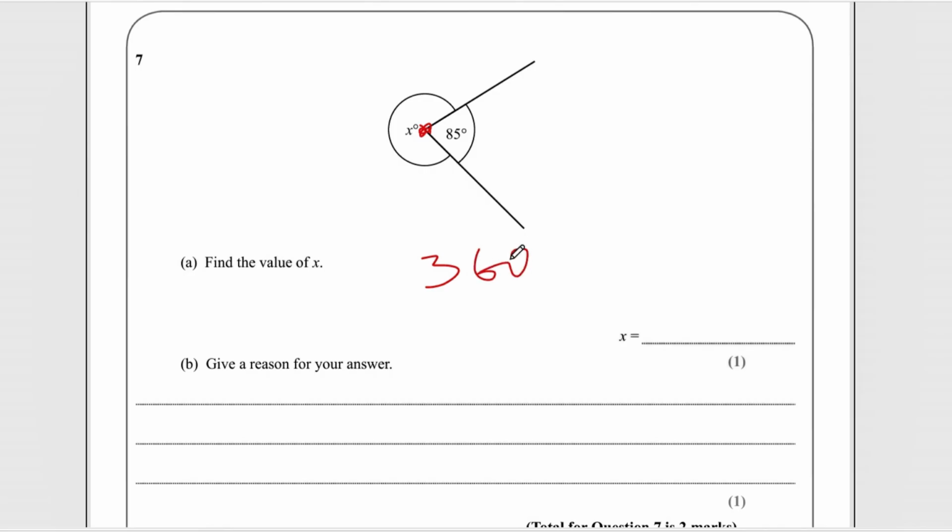Just do 360 minus 85. When you do that, 10 take away 5 is 5. Then you've got 15 there, and 15 minus 8 is 7. And then you have 2 here. And this is 275 degrees.